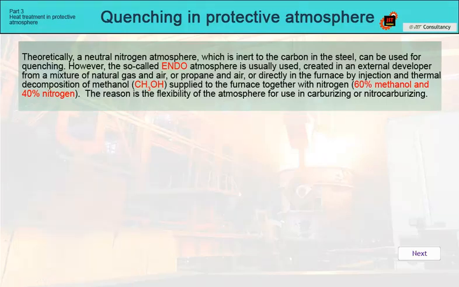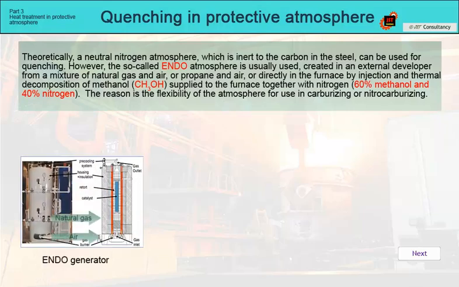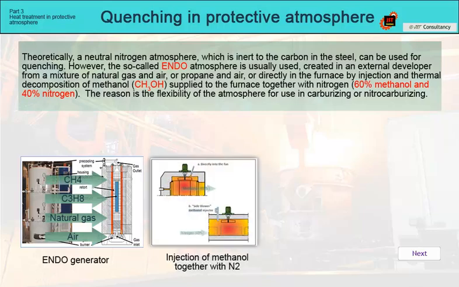The endo atmosphere is usually formed in an external generator from a mixture of natural gas and air, but other hydrocarbons can also be used, such as propane or methane. However, there is also a variant where it can be created directly in the furnace, by injection and thermal decomposition of methanol supplied to the furnace together with nitrogen in a ratio of 60% methanol and 40% nitrogen.